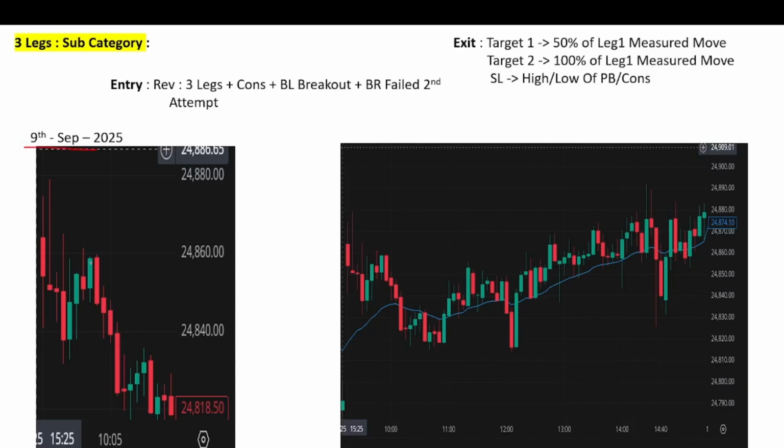Next, 9th September, leg 1, leg 2, leg 3, but you can also see bars are very much overlapping and they have really long wicks, but following our reversal system for 3 legs and second attempt by bears to go lower also failed and bull breakout came, you can enter the reversal trade, but by this time you should understand the market is going to be sideways because of this behavior of overlapping bars and long wicks.